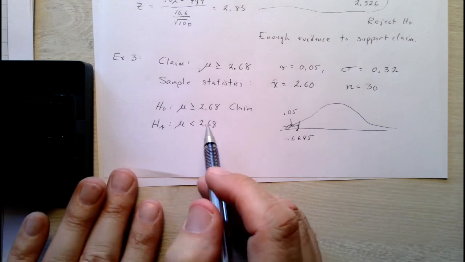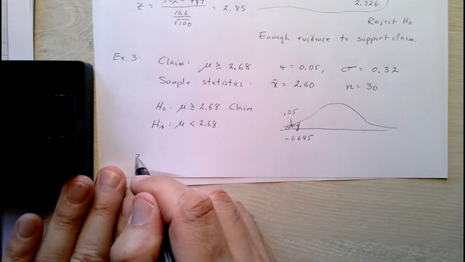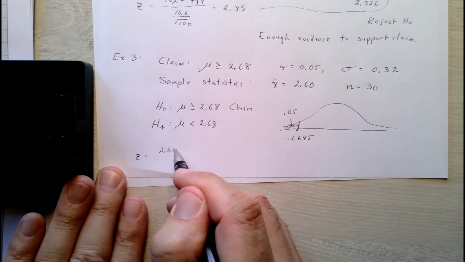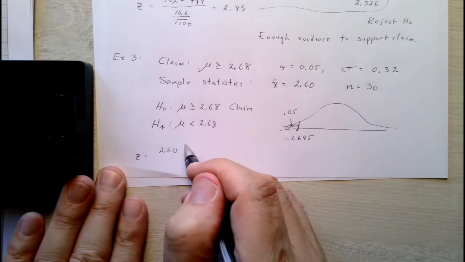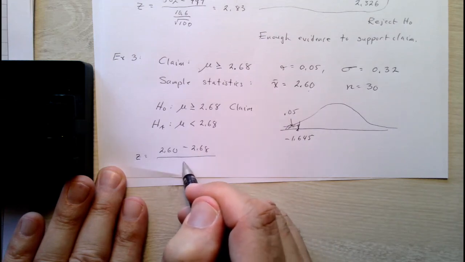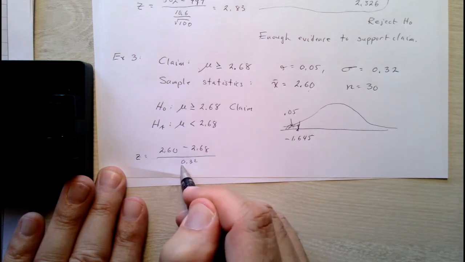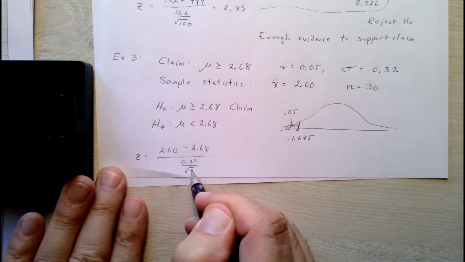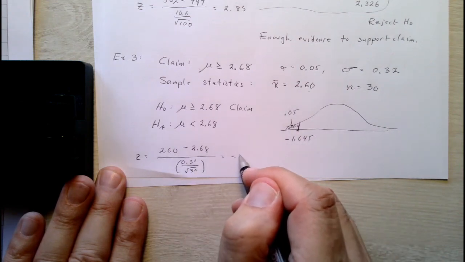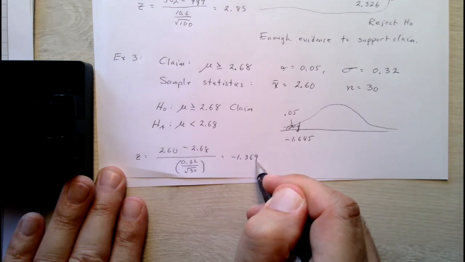We compute the standardized test statistic, 2.60 minus 2.68 over 0.32 over square root of 30. This is negative 1.369.